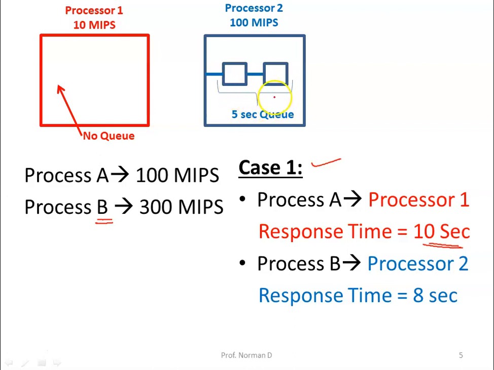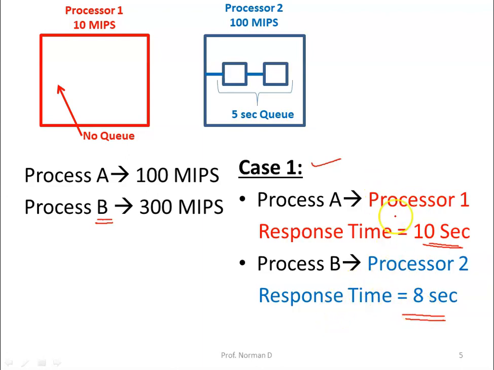So in total, the response time on processor 2 will be 8 seconds. That is 5 seconds to clear the queue and 3 seconds to execute the 300 million instructions on a 100 million instructions per second processor. So the response time for process A will be 10 seconds, and the response time for process B on processor 2 will be 8 seconds.